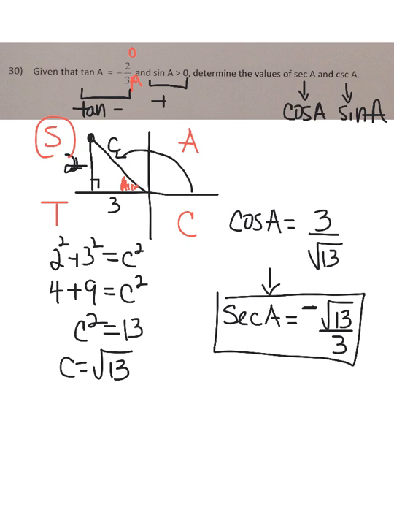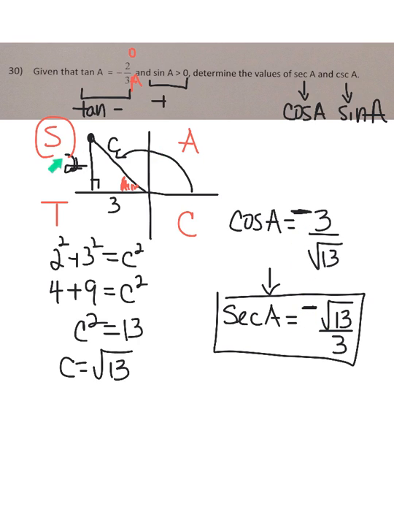I didn't write it up here, and I really should have, but we know in the second quadrant that cosine is negative, correct? So now if you look at these two, when we take a reciprocal, the only thing that changes is that the numerator becomes the denominator, and the denominator becomes the numerator. The signs remain the same.